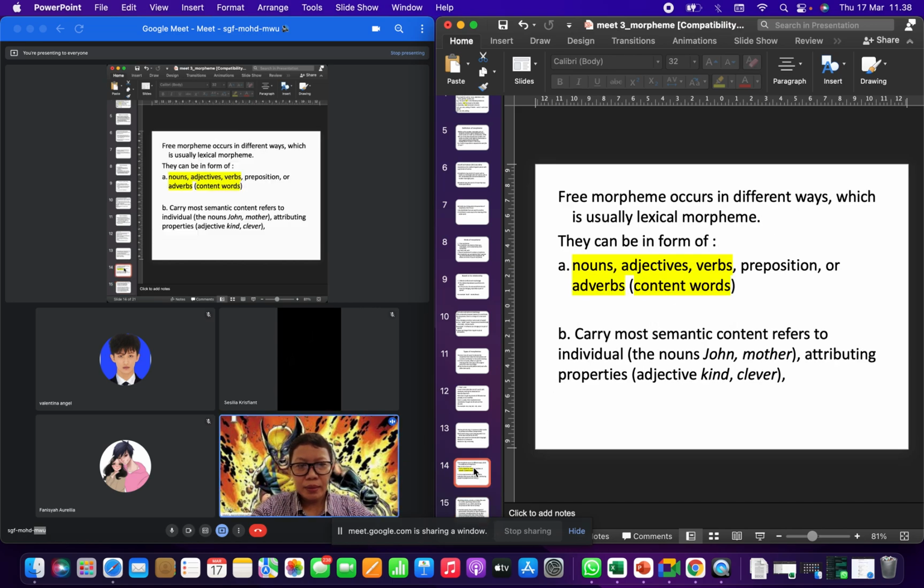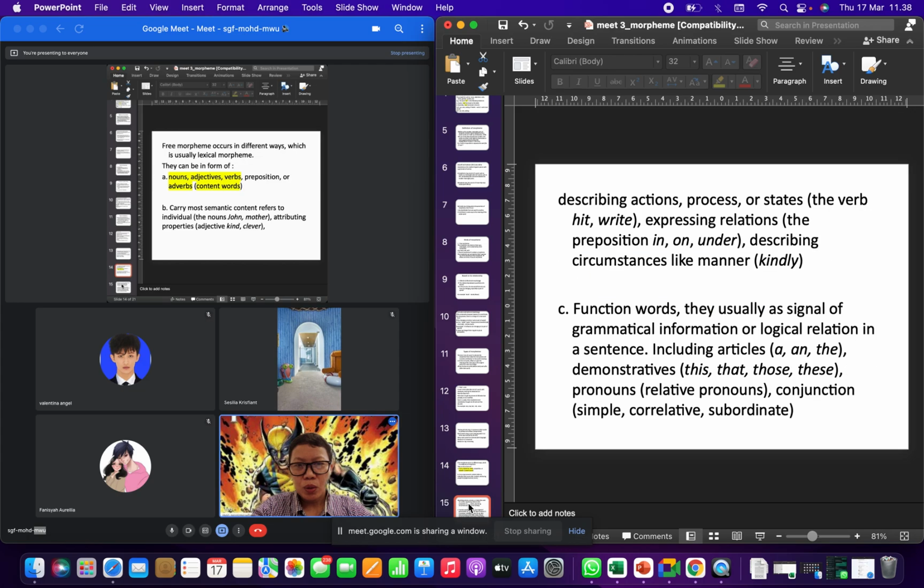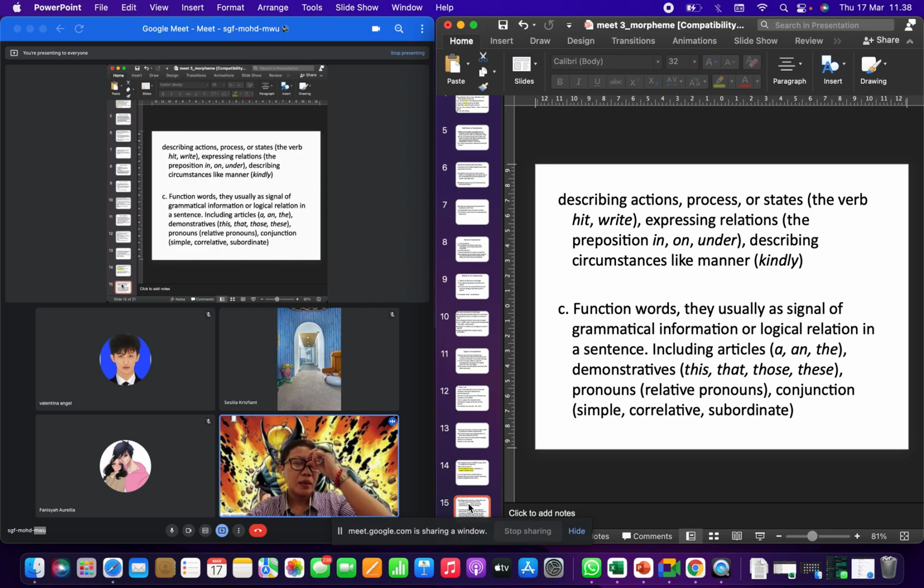Okay, the next is we talk about morphemes that describe actions. It also can describe process, or it also can describe state. And in grammar class, we understand that it is verb, such as the verb hit or write.